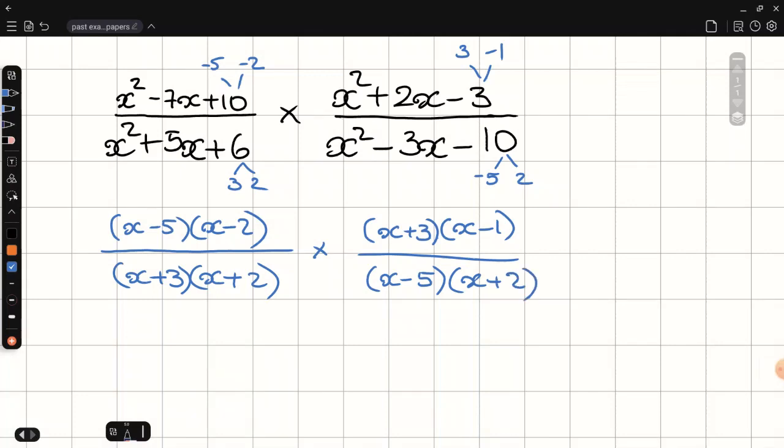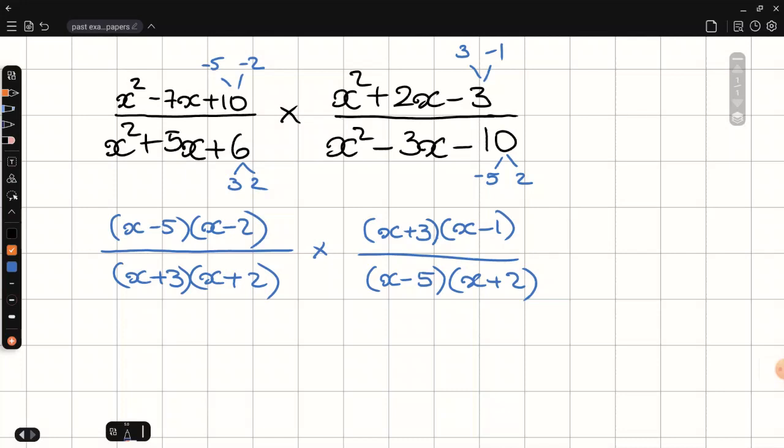Now we need to identify the common factors, and as I said previously, you can do the cross cancelling. So you can cancel the numerator of one fraction with the denominator of the second one.